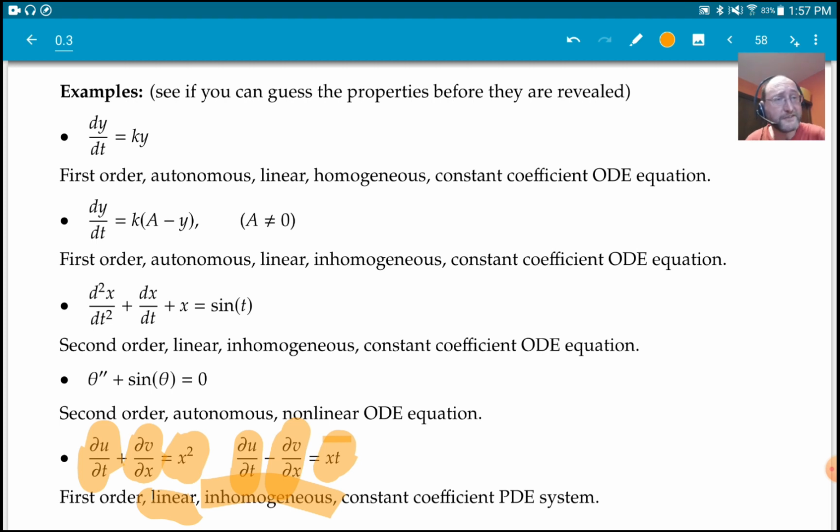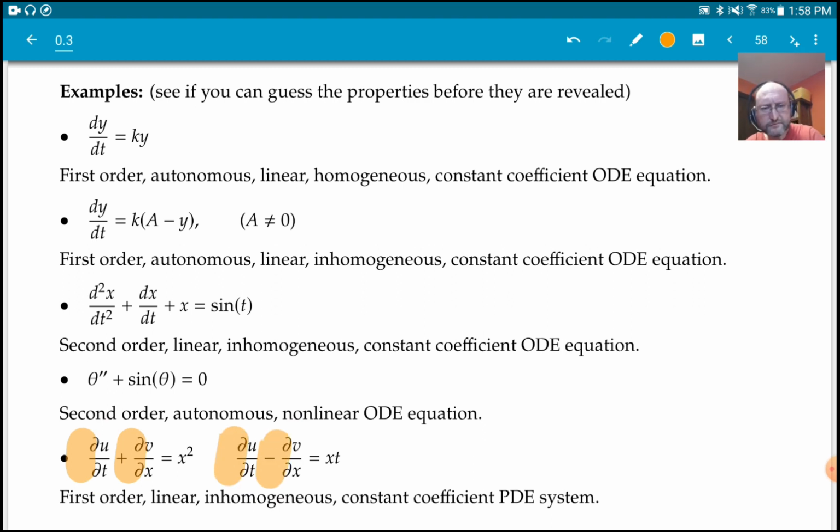Because it depends on the independent variables, and it is constant coefficient, however, because all the coefficients are essentially 1 and minus 1. So there's a 1 here, there's a 1 here, there's a 1 here, there's a minus 1 here, right? So it's constant coefficient, and it's a PDE. There are 2 independent variables, and it's a system. There's 2 dependent variables. All right.